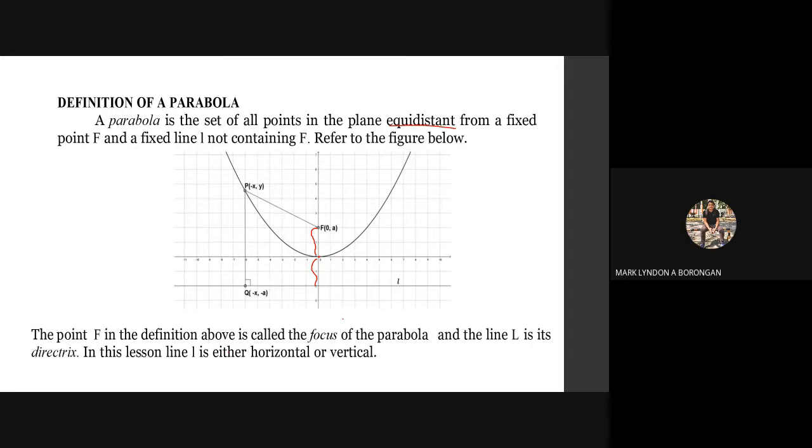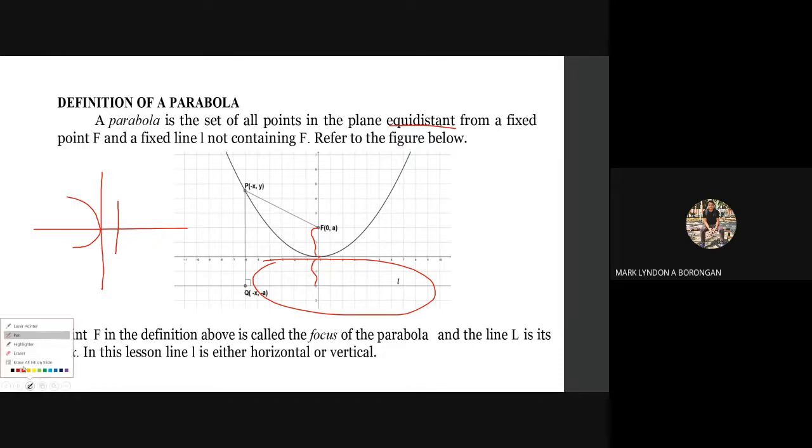For example, if we have a parabola like this, then L can be vertical, and in this other case, it could be horizontal. It depends on the given equation or graph.